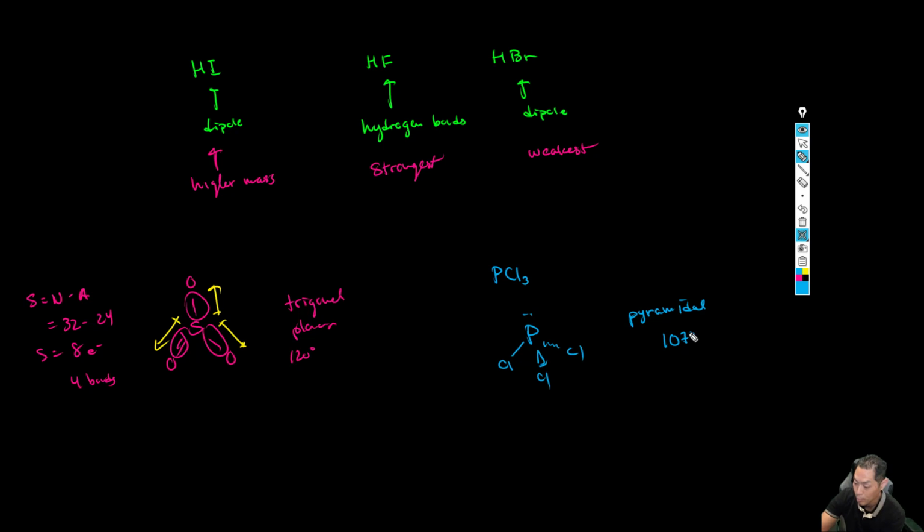And this one is polar because chlorine is more electronegative. I'm not looking at a periodic table, so I'm pretty sure it is. So that means you have a net dipole down. So this is going to be partial negative, partial positive, if I remember my electronegativity correctly. All right, so that's that one.